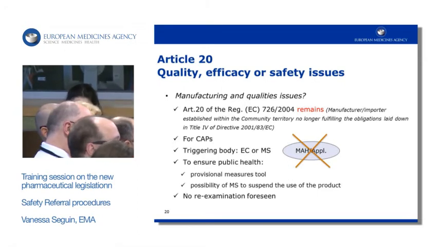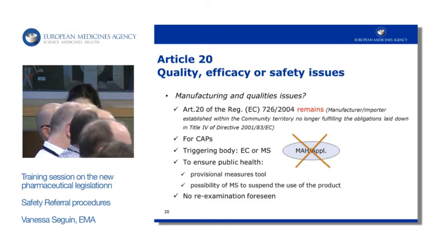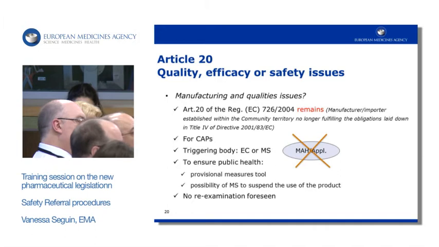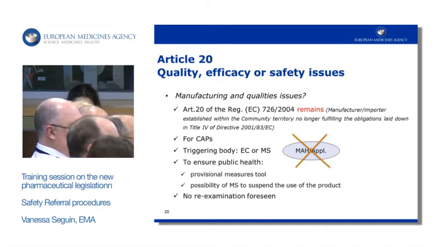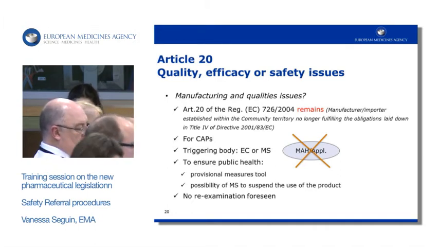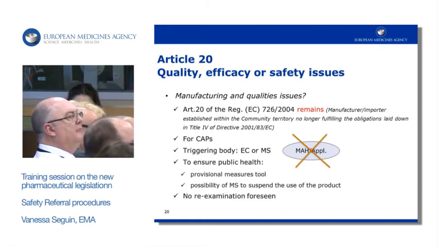Just as a quick reminder, for quality manufacturing issues, the Article 20 of the regulation remains as such. All Article 20 applies for CAPs, for quality related, and the triggering body is the Commission or the Member State, and never the MAH or applicant.